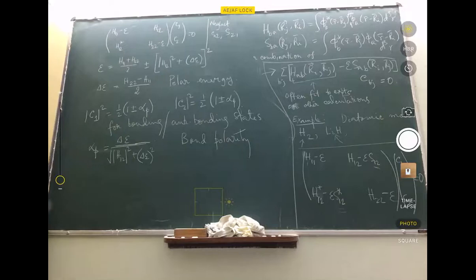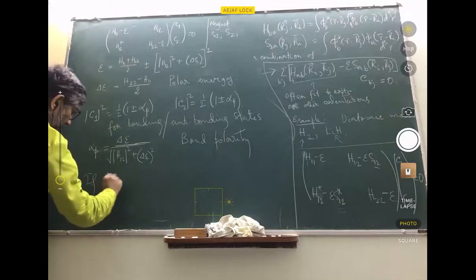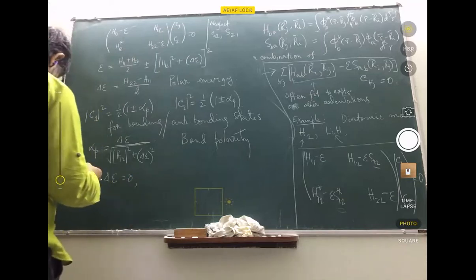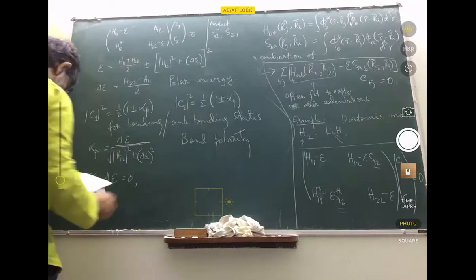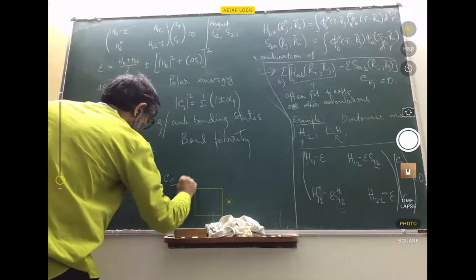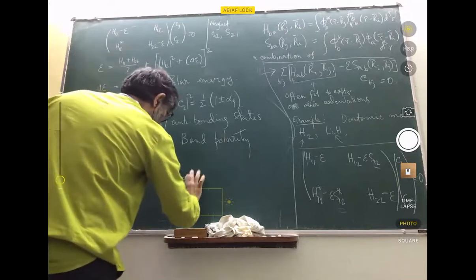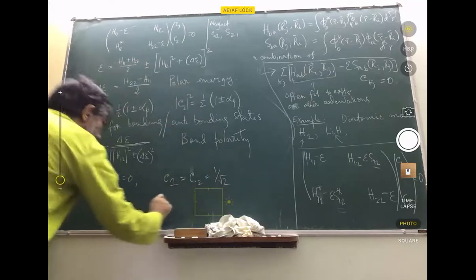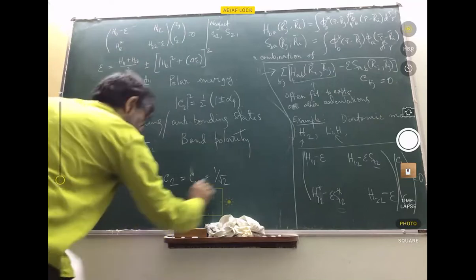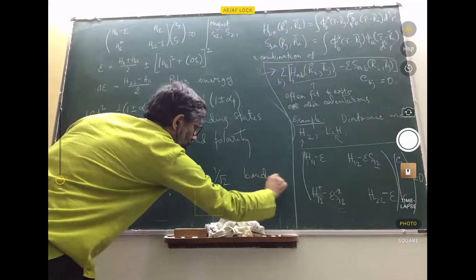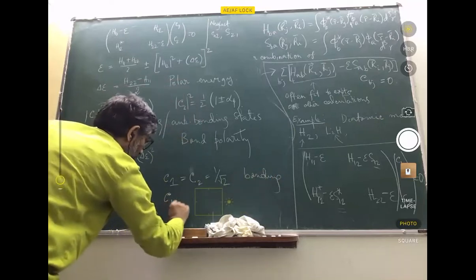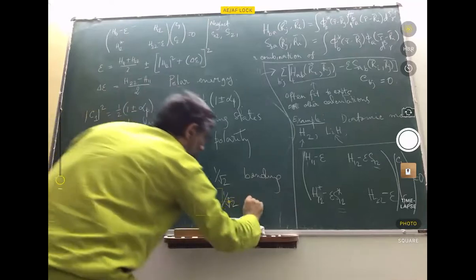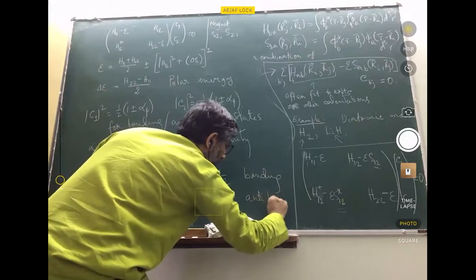And if you have this as 0, you will have C1 equal to C2, which is 1 over root 2, for the bonding state, and C1 equal to minus C2 for the anti-bonding state.